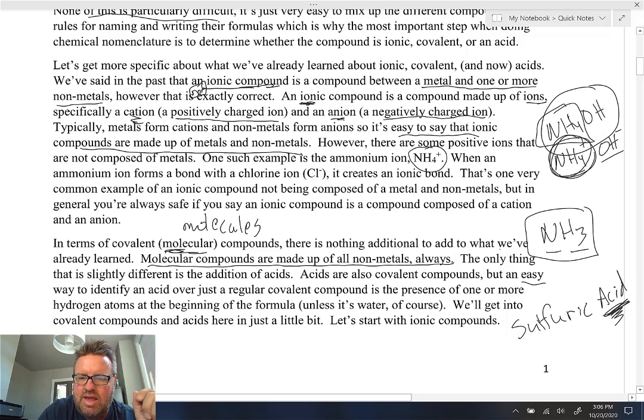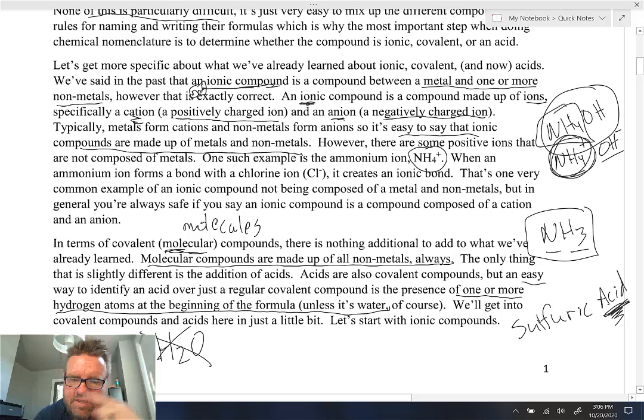An easy way to identify an acid over a regular covalent compound is the presence of one or more hydrogen atoms at the beginning of the formula, unless it's water. H2O is water. It is not an acid. Other than water, if something starts with a hydrogen, we're going to presume that it is an acid.